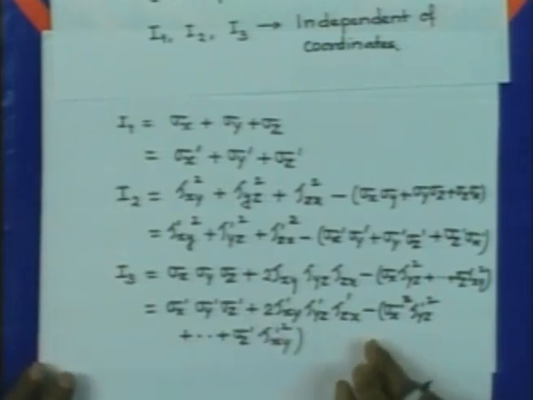So, the expressions for the quantities I1, I2, I3 come to the same value. That is why they are not dependent on the coordinates, and it is because of this reason they are called stress invariants.